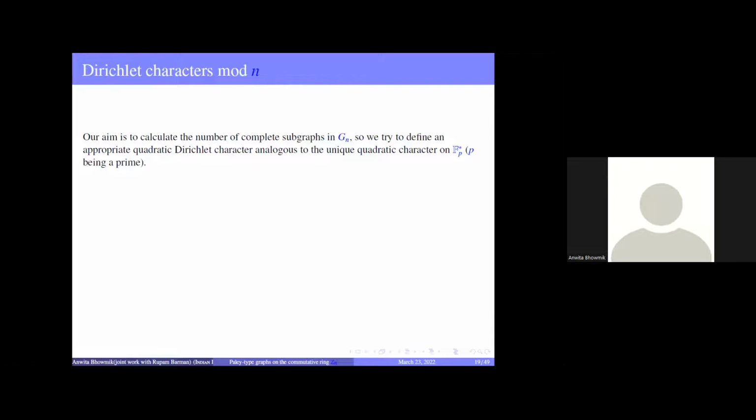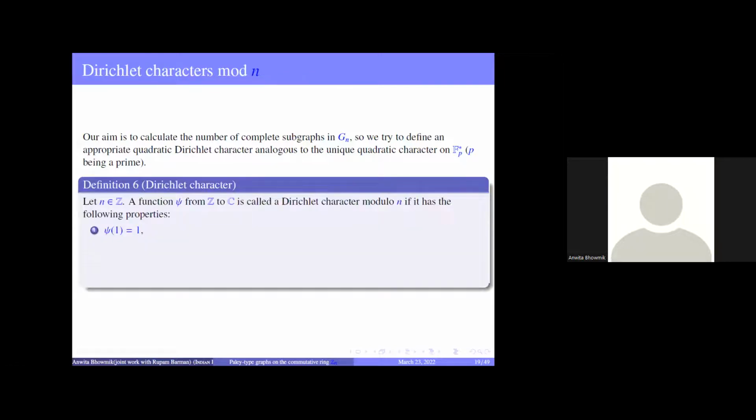Okay, so first we define what a Dirichlet character is. If I fix some n, either an integer or a natural number, then a function psi from Z to the complex numbers C is called a Dirichlet character modulo n if it has the following properties. So psi of 1 is 1. Psi is completely multiplicative.